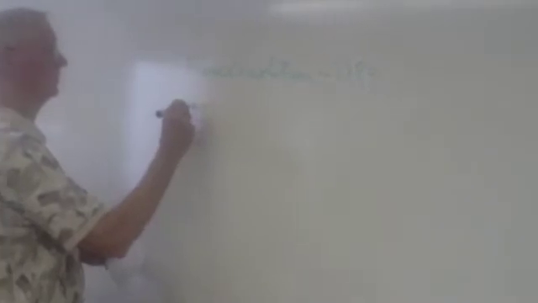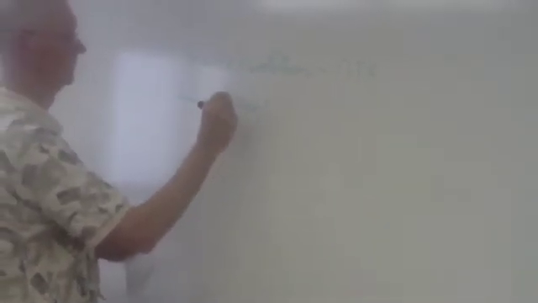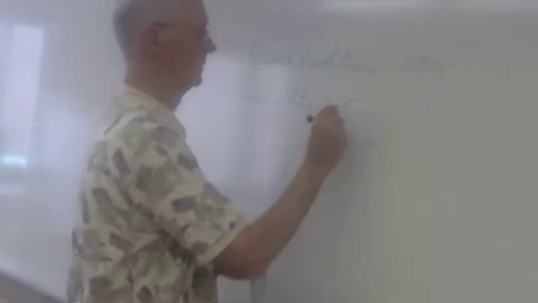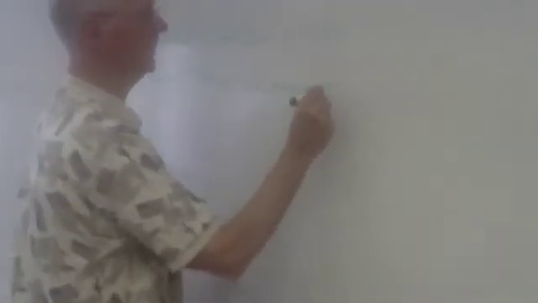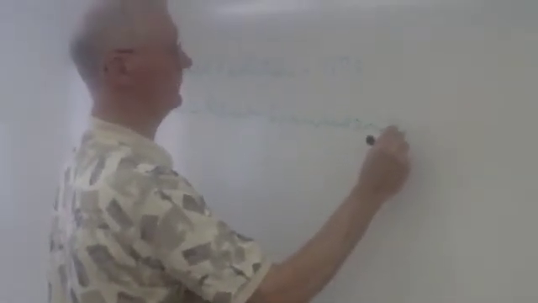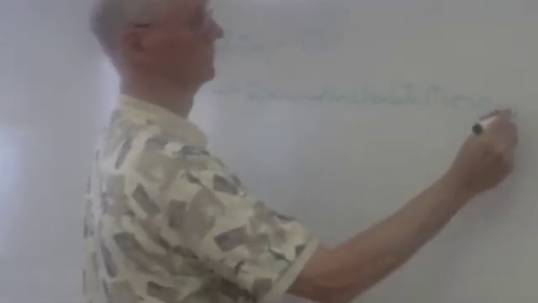So, if we're dealing with the French Revolution and we're talking about causes, the political cause of the French Revolution was that France had an absolute monarchy, which means that people had no say in the government of France.